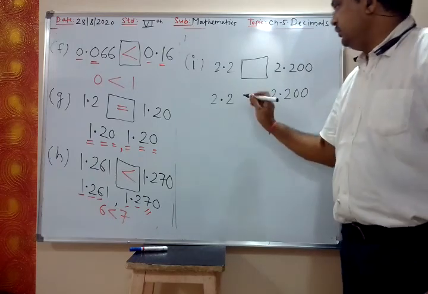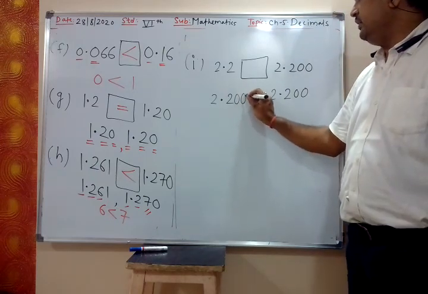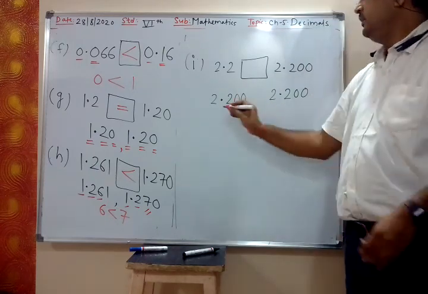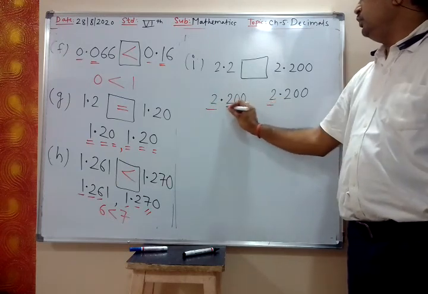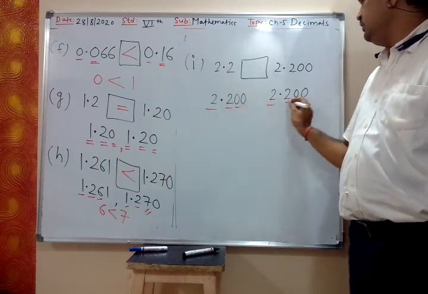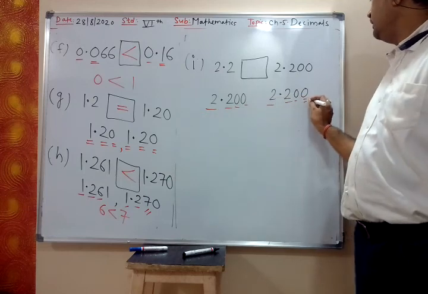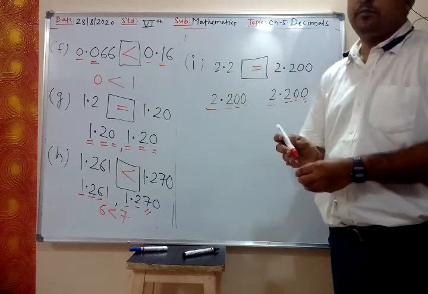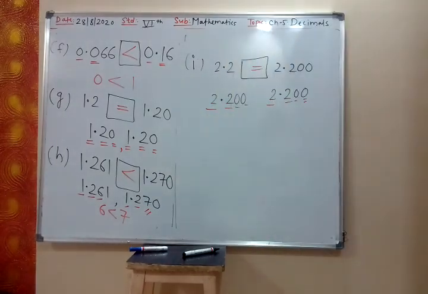So I can add 0s. Now I will compare. 2 is 2, 2 is 2, 0 is 0, 0 is 0. So they are equal. So 2.2 and 2.200 are equal.